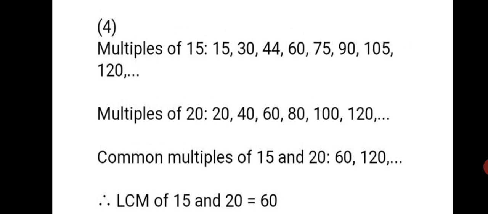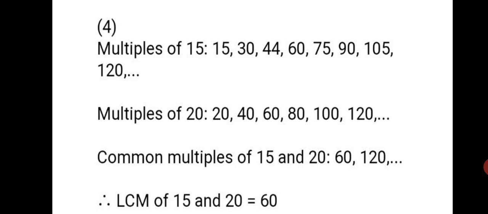Fourth sum. We have to find LCM of 15 and 20. Write down the multiples of 15 and write down the multiples of 20 till you get a common multiple. Common multiples of 15 and 20 are 60, 120 and so on.